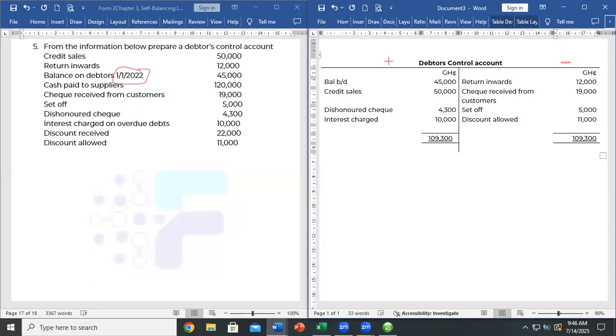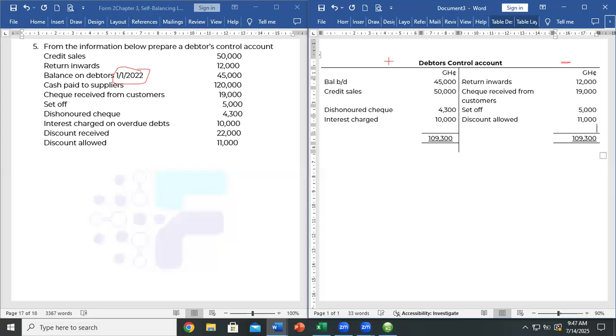Okay, so just confirming 45,000 plus 50,000 plus 4,300 plus 10,000. Yes, 109,300. Then we less the totals on the credit side. You come to a balance of 16,300. 16,300, and that's the balance carried down.